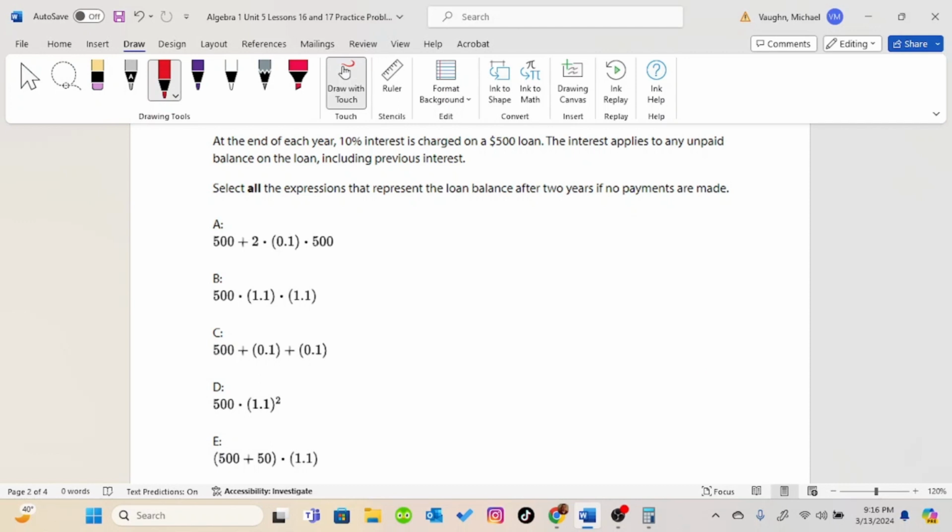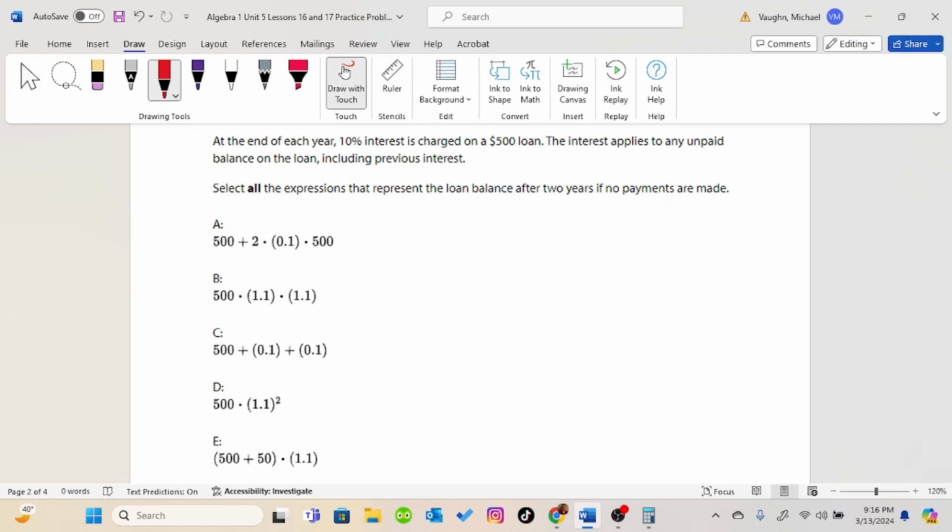So if we look at choice A, we have the original 500, but then what they do is they take 10% and apply it to the 500, and then they multiply it by 2 and add that to the original.